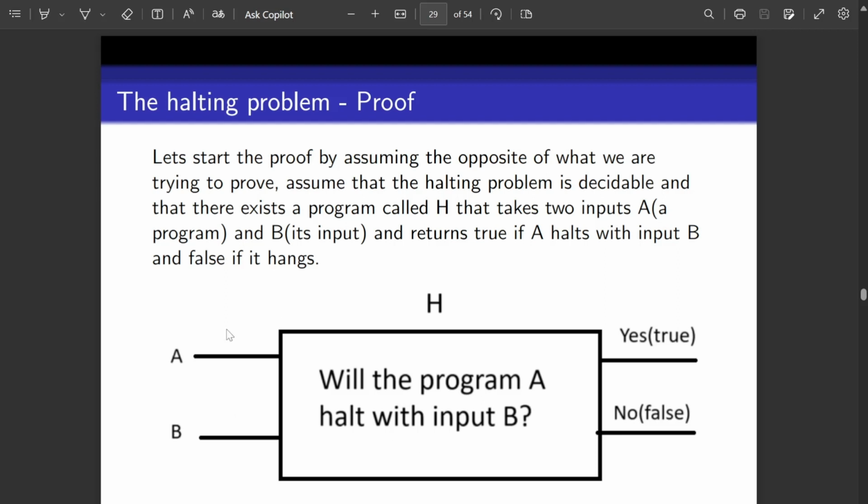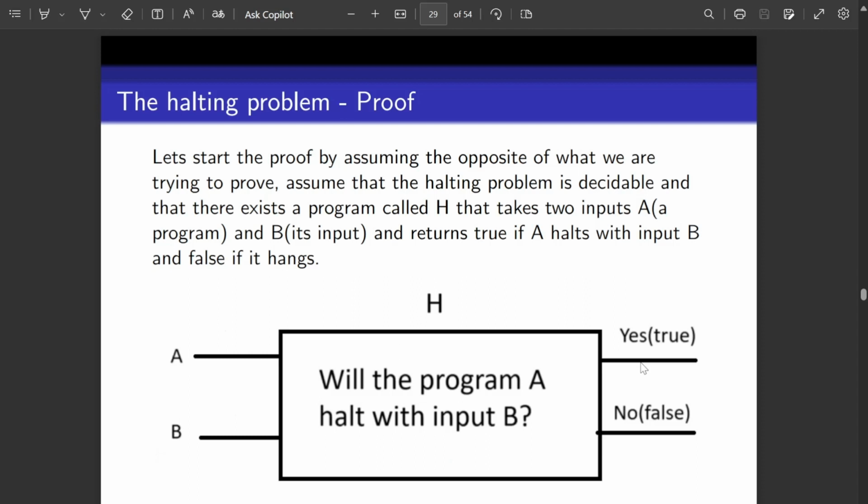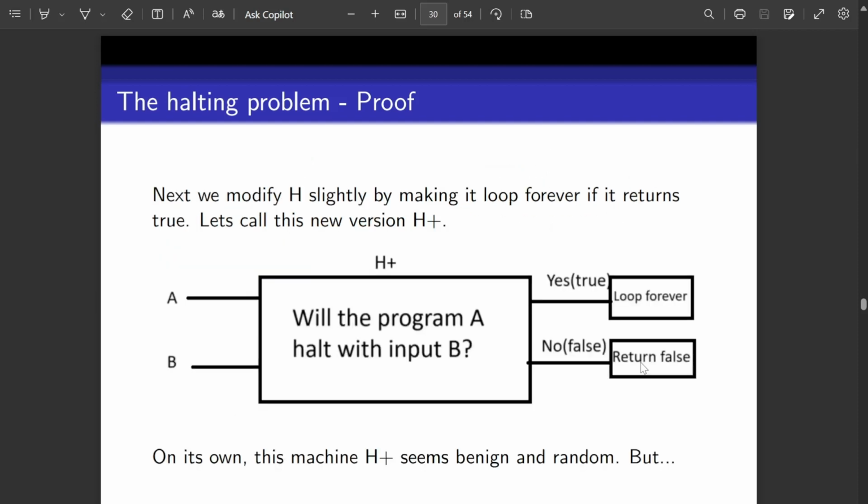So it takes in A, takes in B, and says, will the program A halt with input B? Yes or no? The exact details of how this halting program works isn't really relevant. We're just assuming that it can tell.